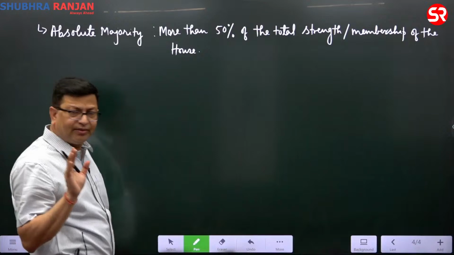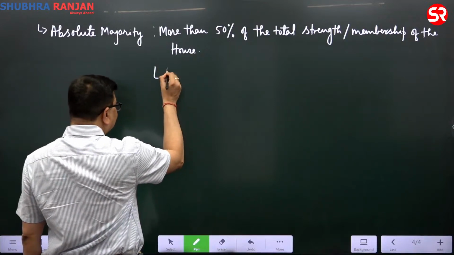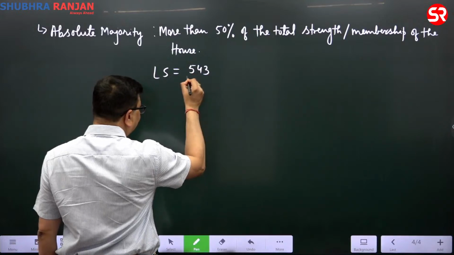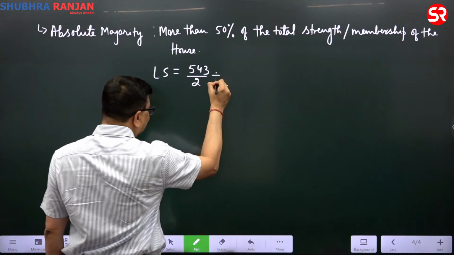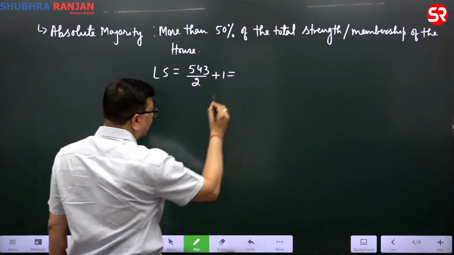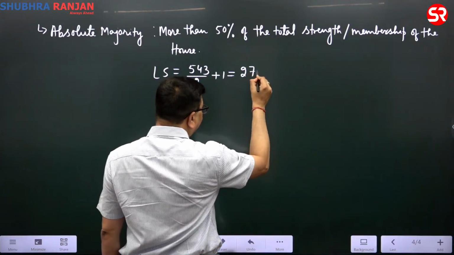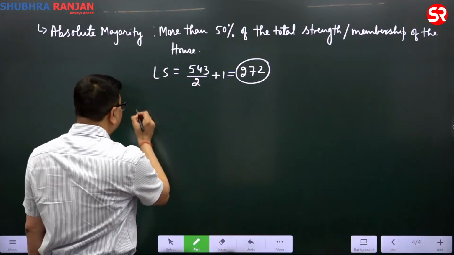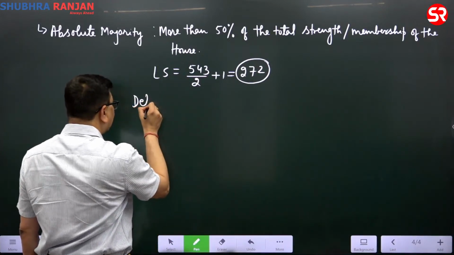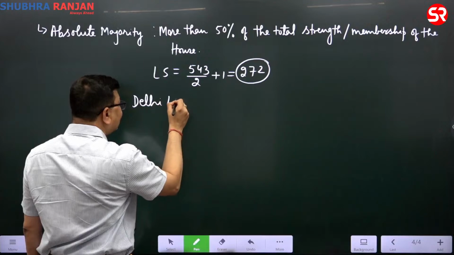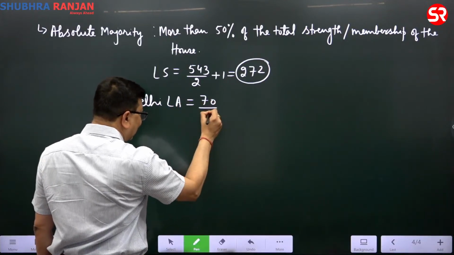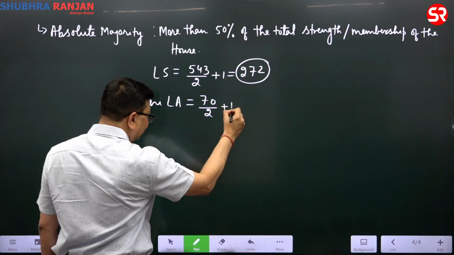It is fixed. In the Lok Sabha, it will be 543 divided by 2 plus 1, 272. Then in the Delhi Legislative Assembly, it will be 70 divided by 2 plus 1.